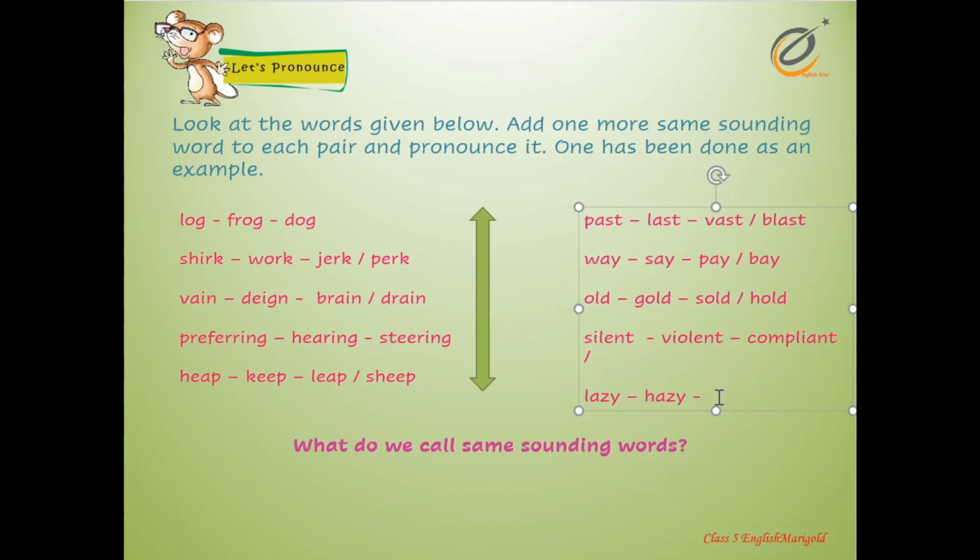Lazy, hazy, don't be crazy. Yes, here is a word. Crazy. You can also think of more words beyond this one. Plenty of words are there. You can explore more and more words.